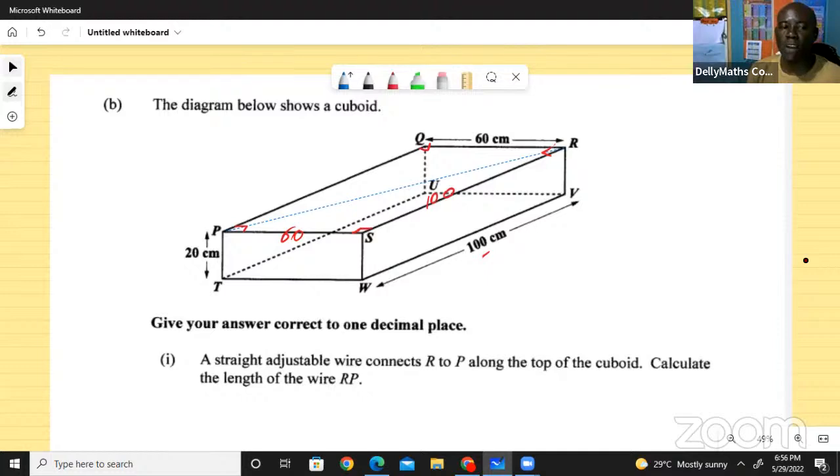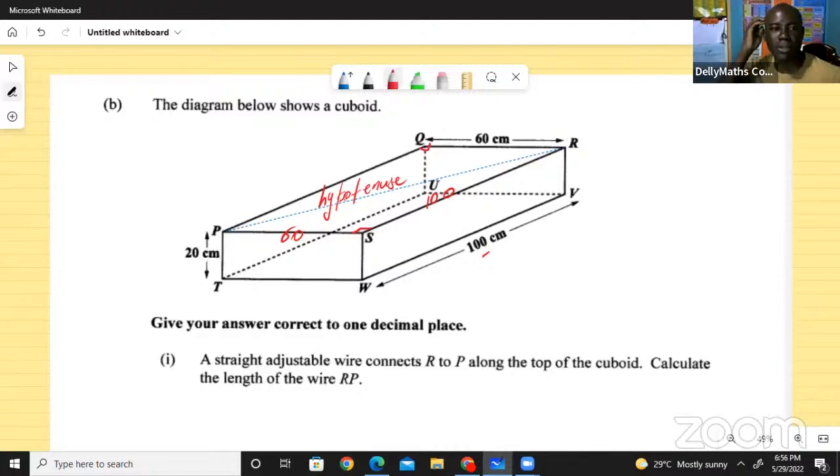Because we have all right angles all the way around, we are able to find the distance from P to R, because it's like the hypotenuse of a right angle triangle. Let me write hypotenuse on my blue line.